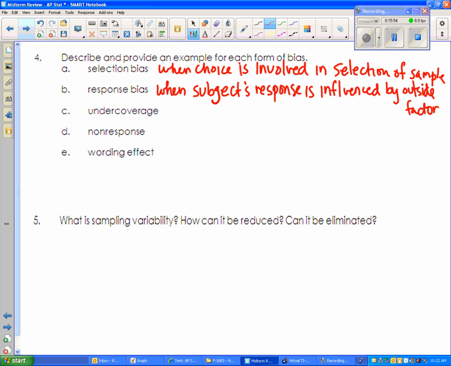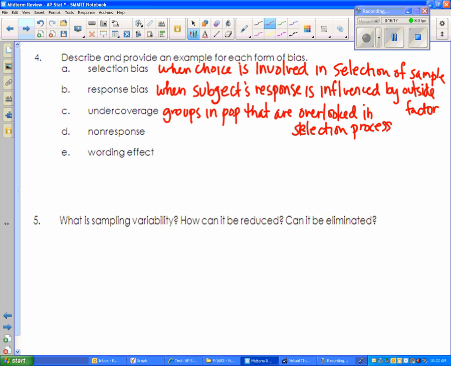In letter C, undercoverage. Undercoverage is basically when there are groups of individuals in the population that are missed or overlooked in the selection process. So an example would be if I am using the phone book to locate people for my sample.